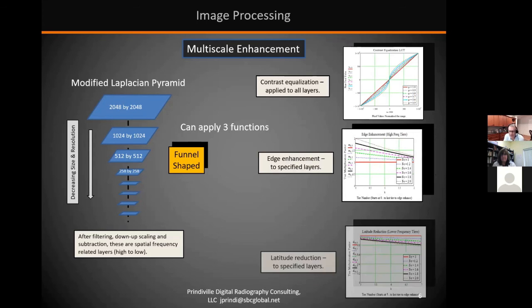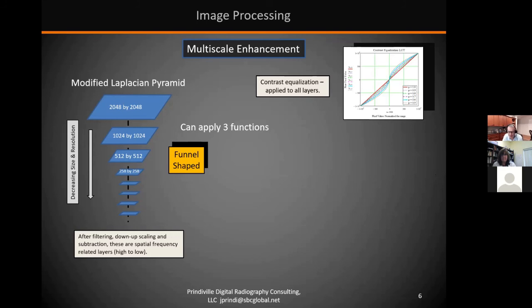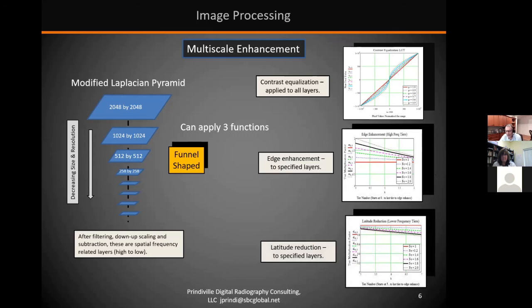Now, I'm going to do the opposite at the lower end of the scale. At the lower end of the scale, so for layers 5 through 7 here, those are big items. So if those are big items, they're easy to see. I'm going to reduce the contrast for those things.